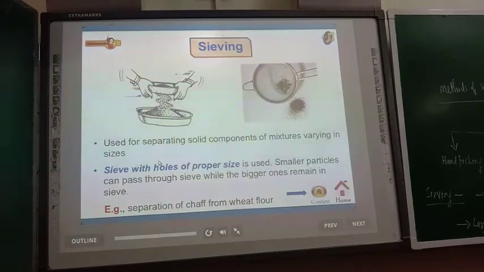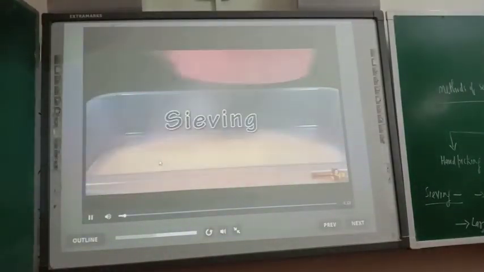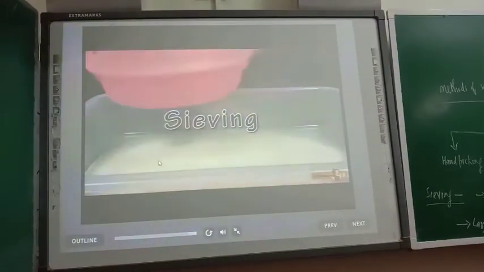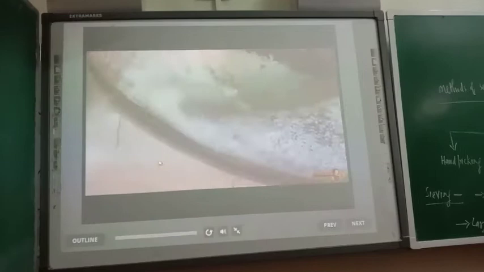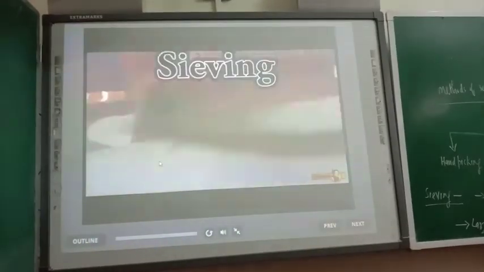For detailed explanation, watch the next video carefully. Have you noticed that undesirable materials are separated from useful ones by using a sieve? Can you name the process shown here? Yes, it is sieving.